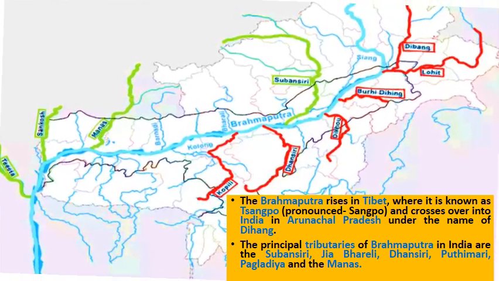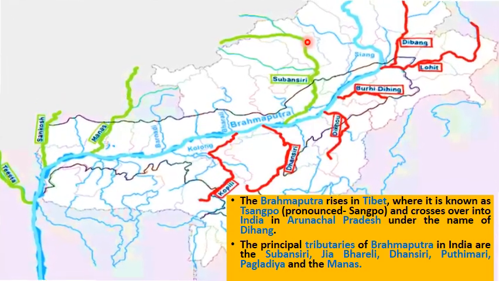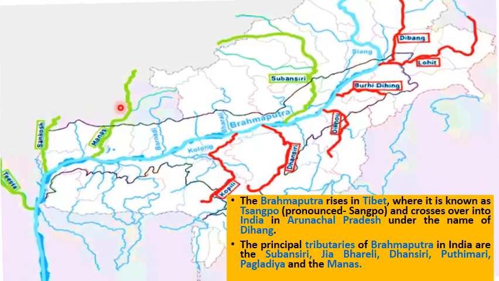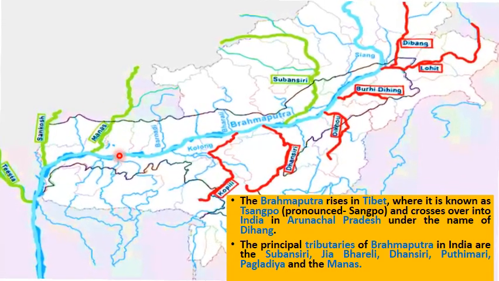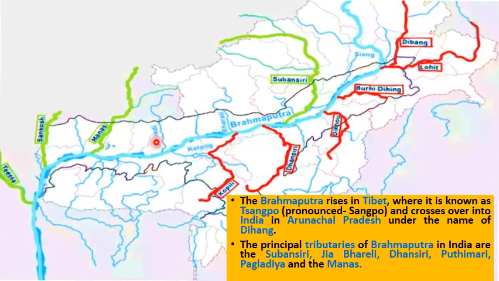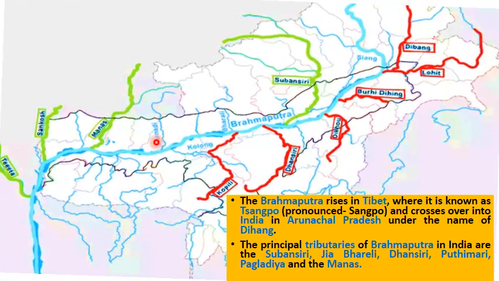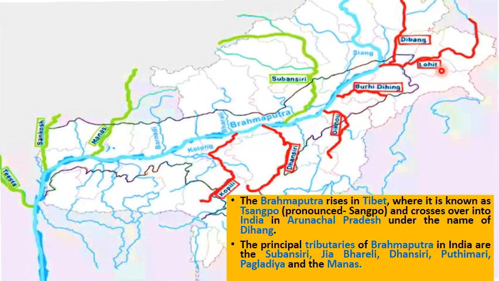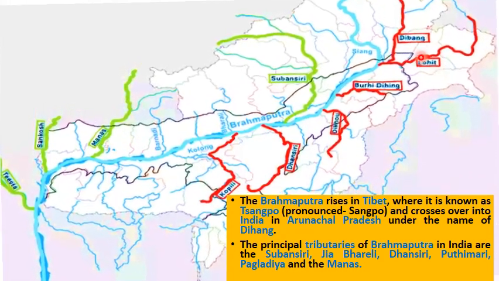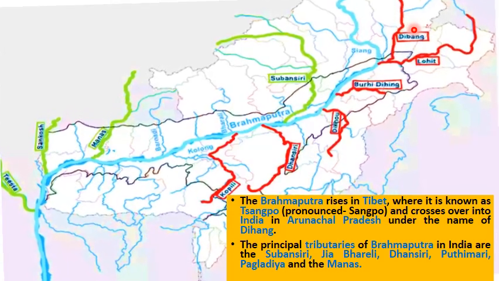The Brahmaputra rises in Tibet, where it is known as Sangpo, and crosses over into India in Arunachal Pradesh under the name of Dihang.